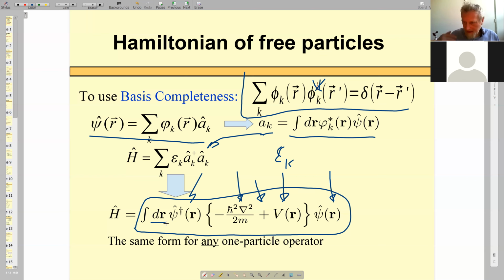The same form holds eventually for any other one-particle operator.